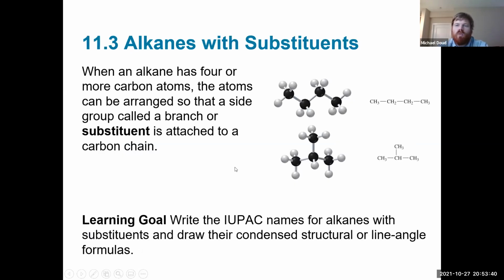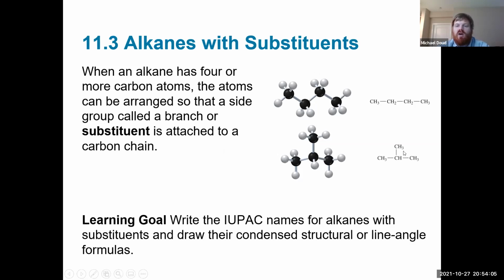Okay, so now that's the easy part, right? Now, unfortunately, there is a slight complication here, which is that we don't always have straight chains for our organic molecules. In other words, there's no reason that this butane has to be arranged with carbon 1 bonded to carbon 2, which is then bonded to carbon 3, which is then bonded to carbon 4.